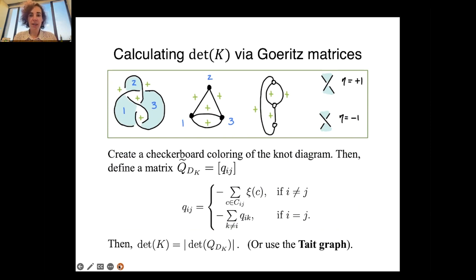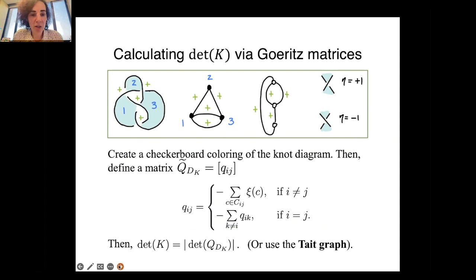So in the right side of this figure, there's a legend that tells me whether my positive or negative twist should be considered a +1 or a -1, what the sign is of this shaded surface. And that gives me the sign associated with each one of these crossings. And so what I'm going to do is sum these up, and that's going to be my entries off the diagonal. Along the diagonal of this matrix, I'm just going to make all the rows and columns sum to 0. That's what this second term does.